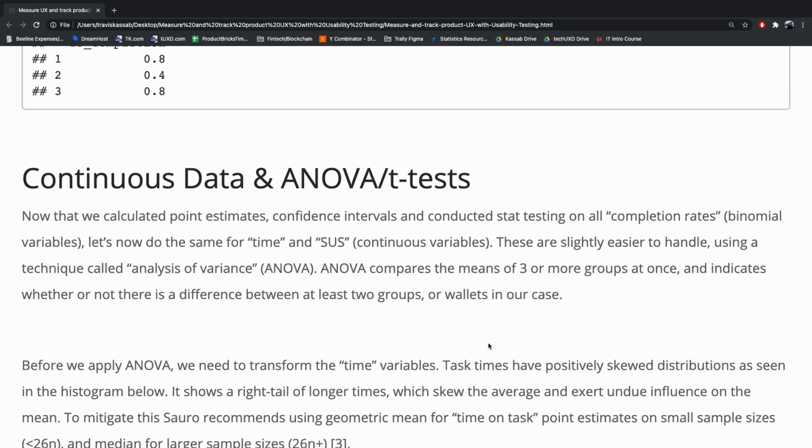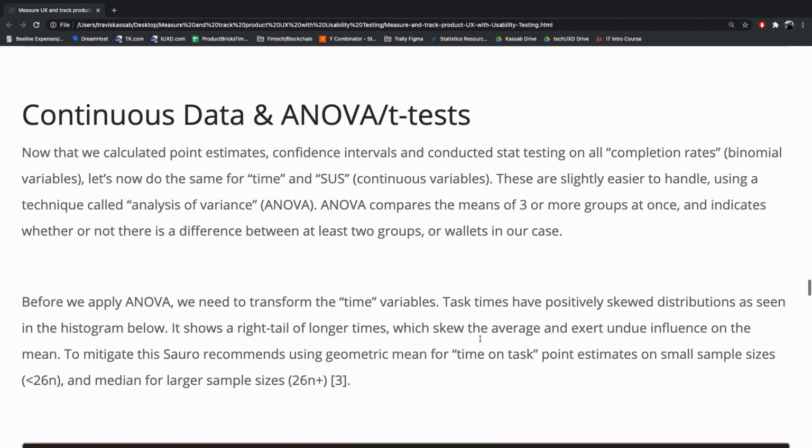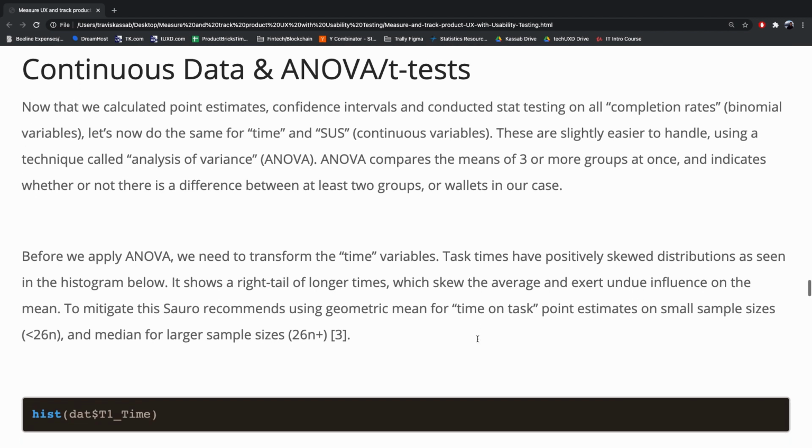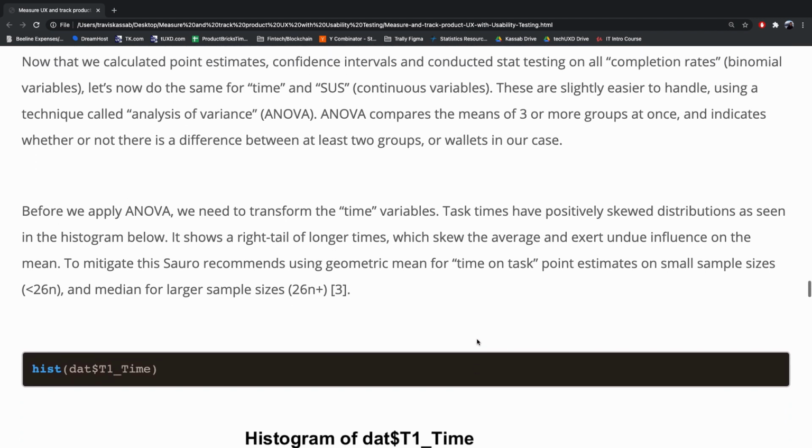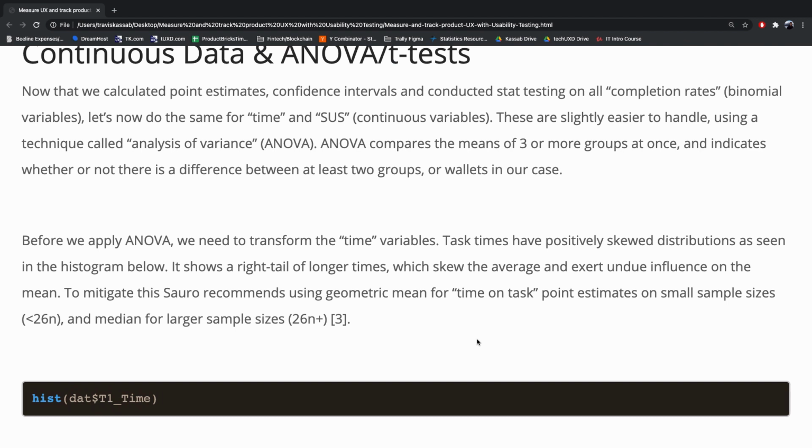Now let's move on to the time variables and the SUS variable, which are numeric and continuous variables. And for these, we use something called ANOVA and t-tests. ANOVA is basically the same as the 3x2 Fisher exact test above.